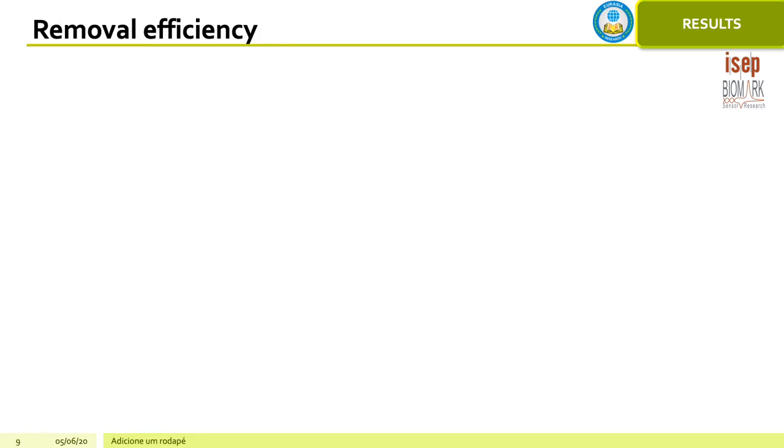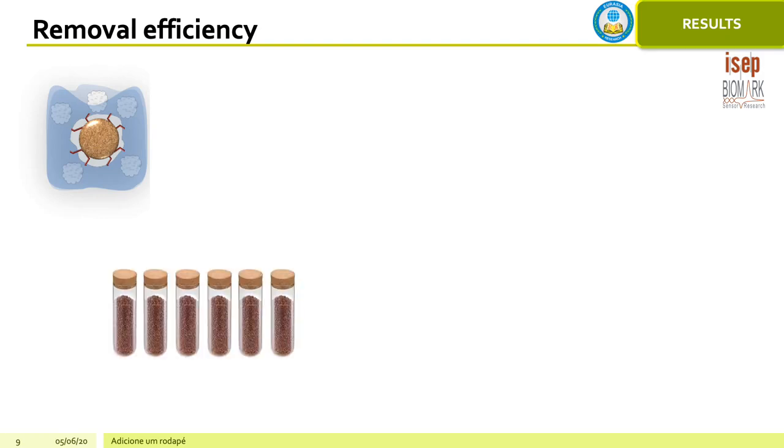For the removal efficiency study, the cork MIP material was added to 6 flasks, each containing 3 ml of NOR solution with concentrations from 20 micromolar to 120 micromolar.